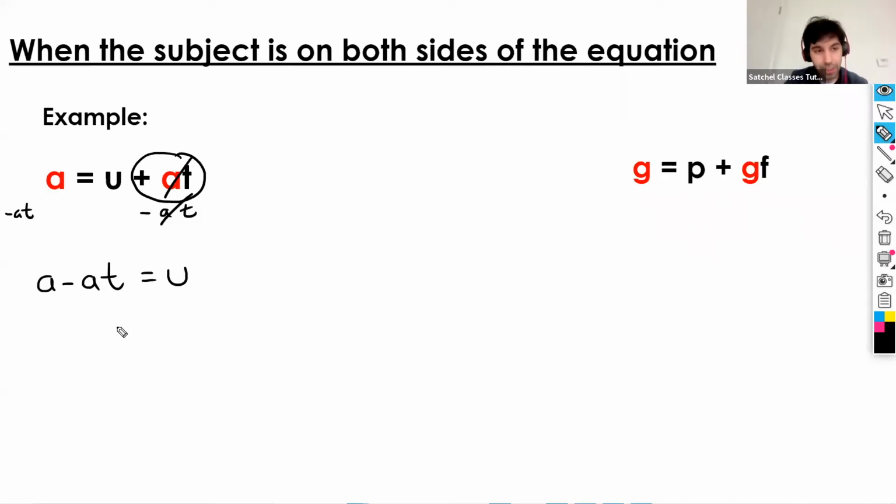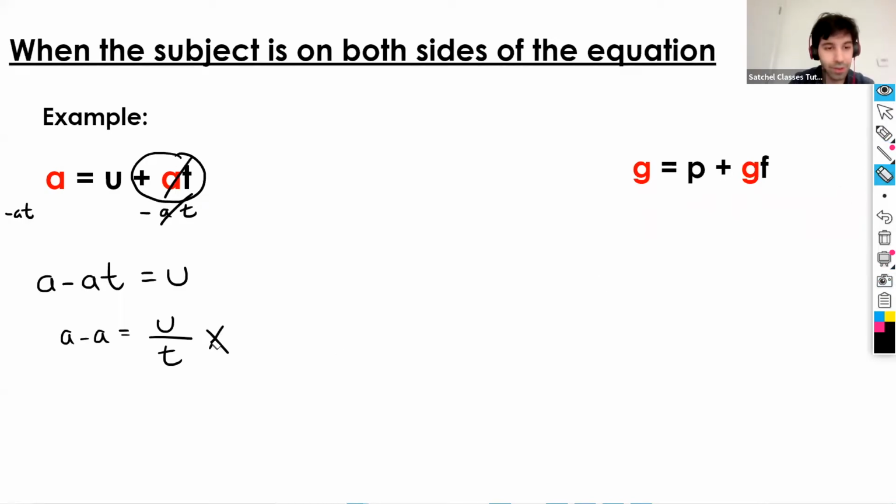Now, it's a little bit tricky. You might be tempted to say, well, a minus a is equal to u over t, but bearing in mind, this is one term in itself. So we can't leave the a here and divide both sides by t. That would be incorrect. So this is wrong.